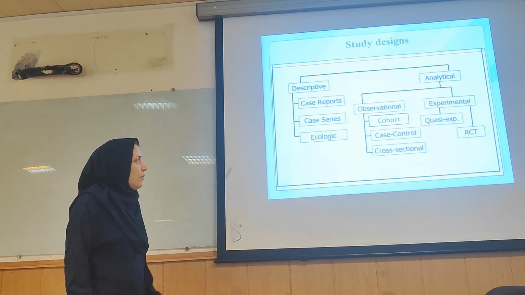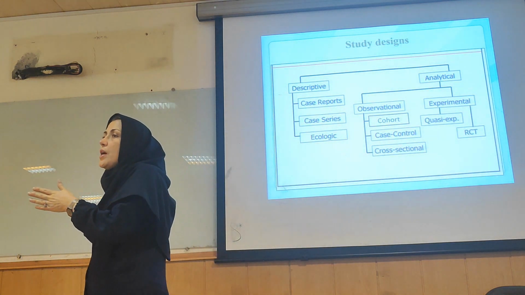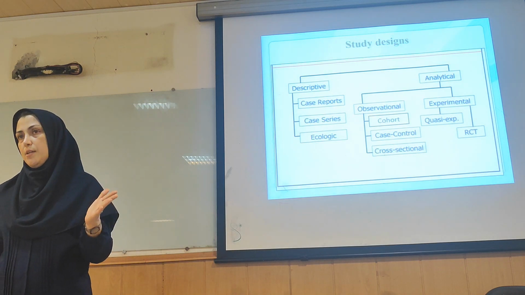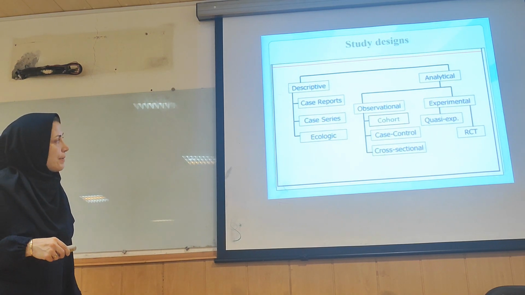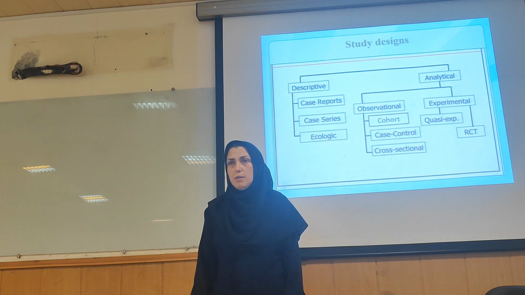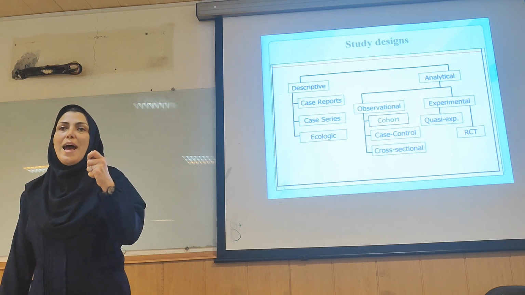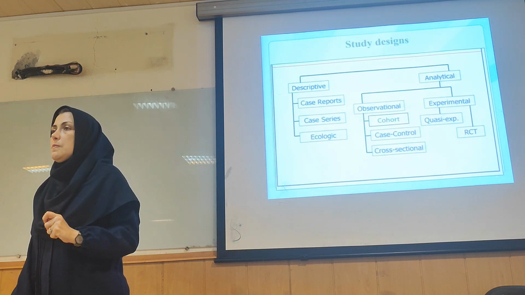In observational, we just observe the study population. We do not have any intervention. But in experimental studies, we have some intervention. What do I mean? For example, having some medications.